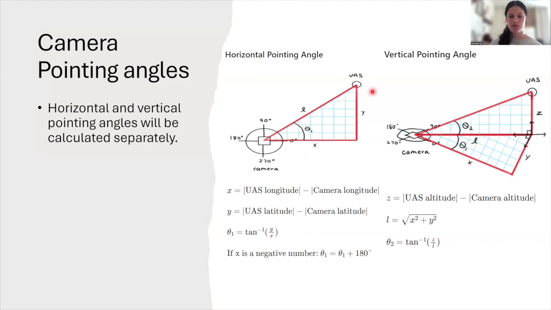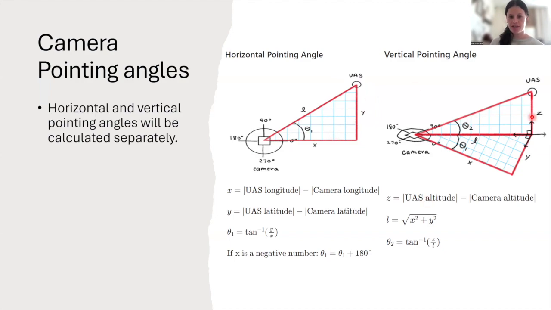It will depend on those two things to determine the X distance and Y distance. And from those distances, using trigonometry, we can determine the angle that the camera must point in order to be facing the object that it wants to face, in this case, the UAS.